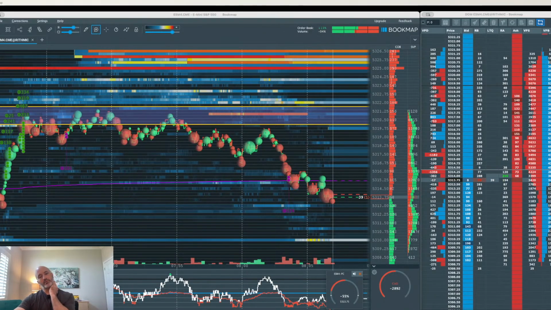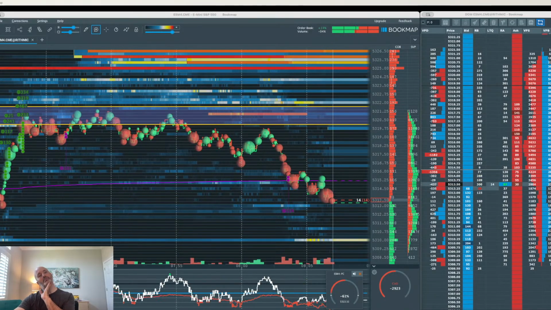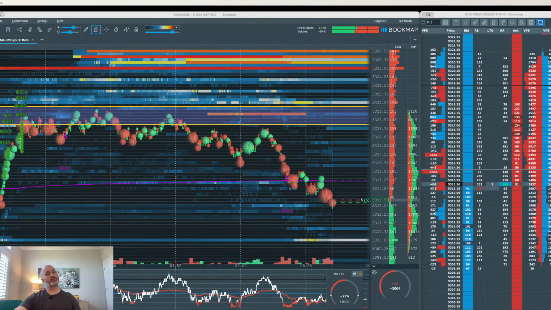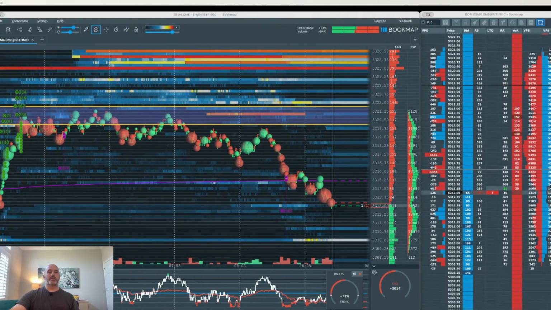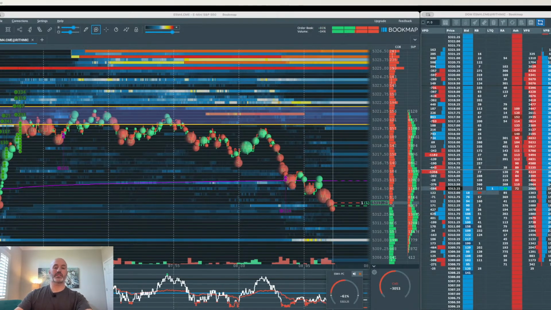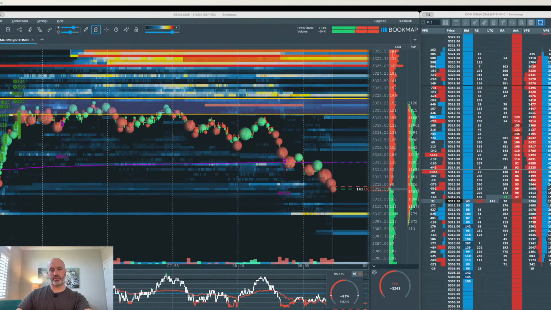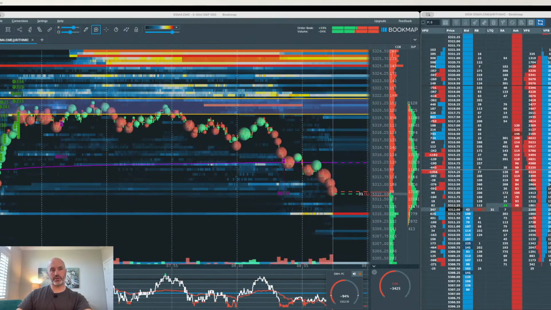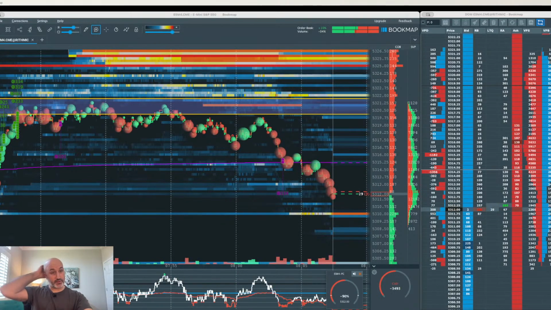I'm up a good 6-7 points right now, touching base at the 5313s, where we keep finding buyers. Momentum is finally pushing to the sell side. Okay, here we go, we're breaking it. 5312, 5313. You might see the bottom drop out of it now.